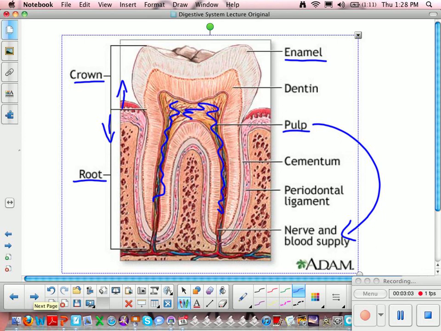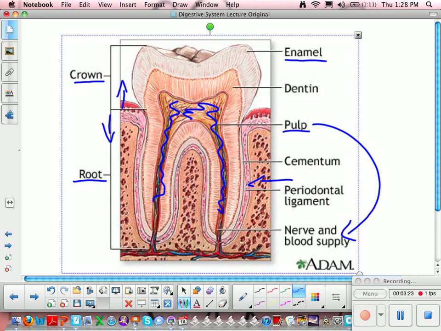The periodontal ligament holds the tooth into the either mandible or maxilla. And when you have a tooth torn out, that's the sound that you hear. Cementum is just what holds the periodontal ligament to the actual tooth surface area.